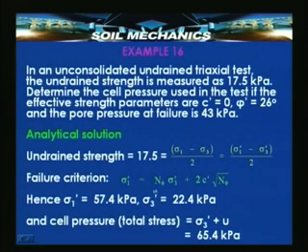We use this failure criterion which gives us a relationship between sigma 1 dash and sigma 3 dash. Since we know the pore pressure value and also the undrained strength, we can use this relationship and calculate sigma 1 dash and sigma 3 dash. And so once we know sigma 3 dash, using the value of pore pressure 43 kilopascals, we can calculate the total cell pressure which is the unknown.